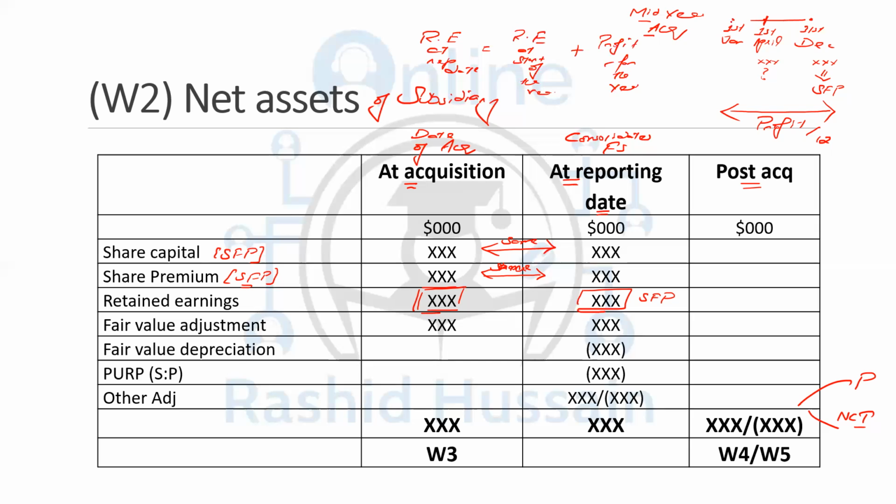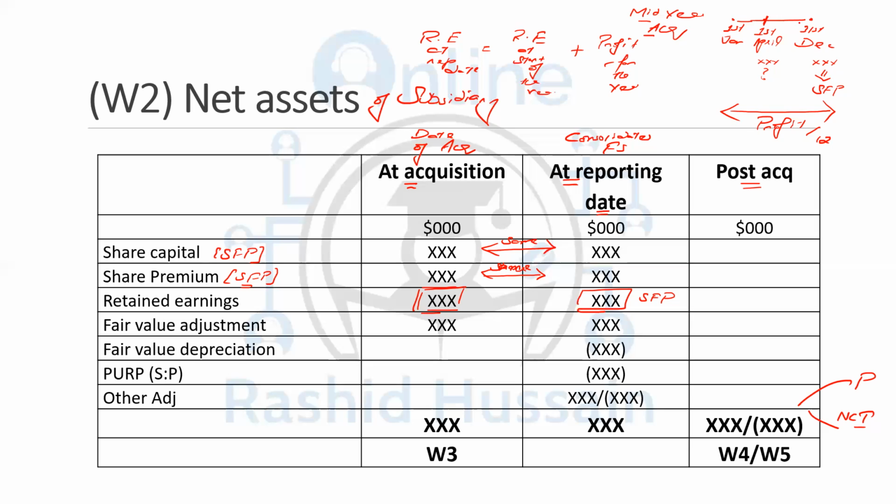If you take the retained earnings at start of the year and add the complete profit to it, you will reach the retained earnings at reporting date, because we know retained earnings is simply the accumulated profits. Whatever the entity earns in terms of profit for the year is added to the retained earnings. We already know the retained earnings at reporting date and the profit for the whole year.